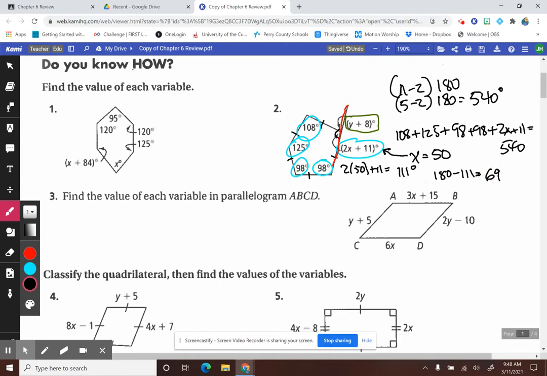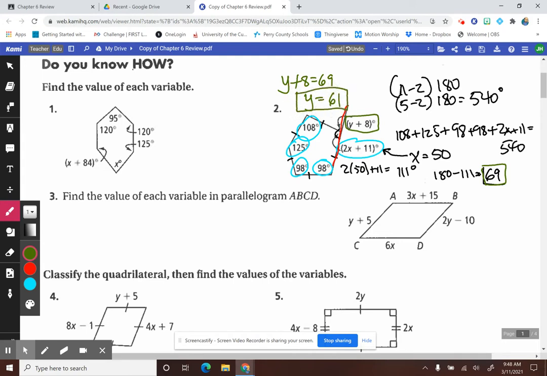So that tells me this green angle right here has to equal 69. So that's my second equation: y plus 8 equals 69. If I do that math, I get that y equals 61.